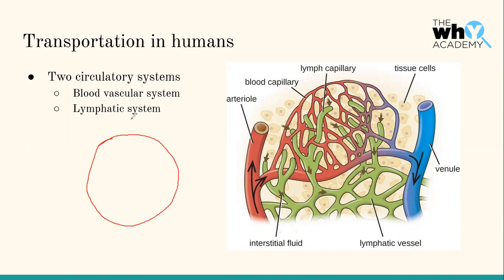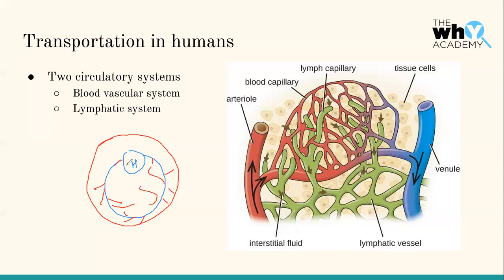For example, if you take the blood vascular system, if you have your heart here, let's say, there is one entire system of blood vessels going from the heart and then coming back to the heart. They'll be going to the various organs, etc., but the overall structure is something like a closed circle.